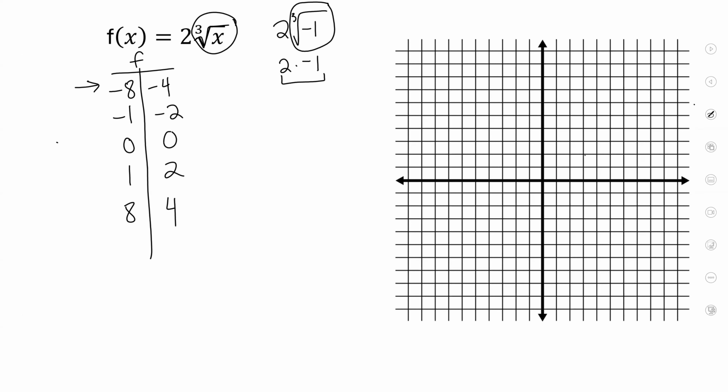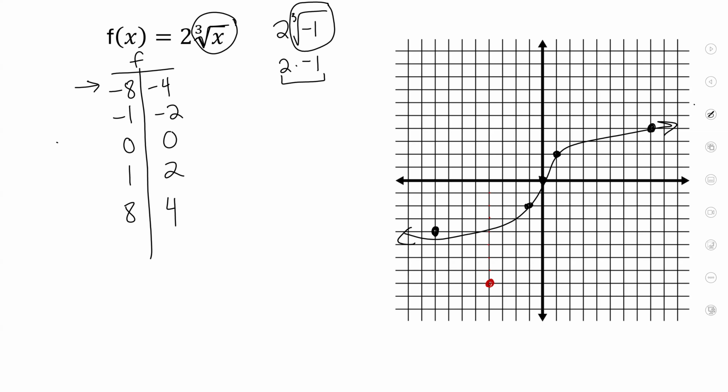So I'm going to graph this one. All right, your original should look like that. And the inverse, if you flip those points, -4, -8.